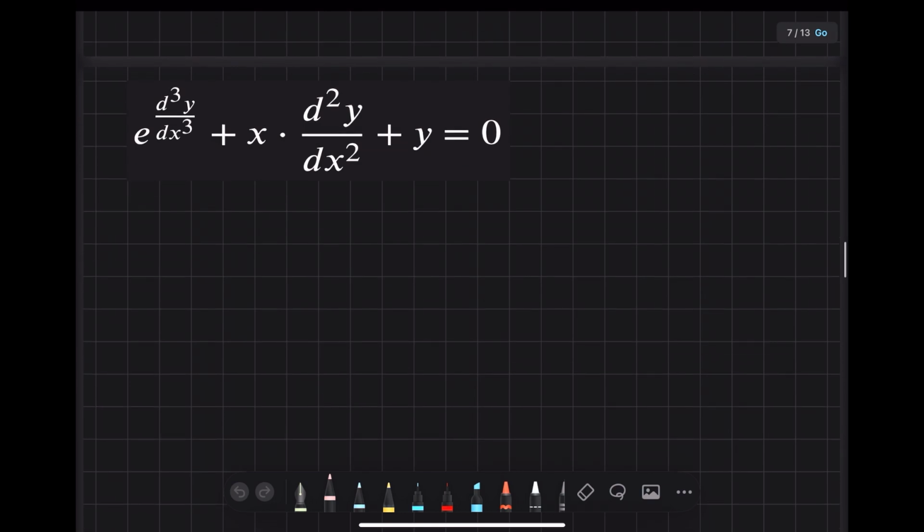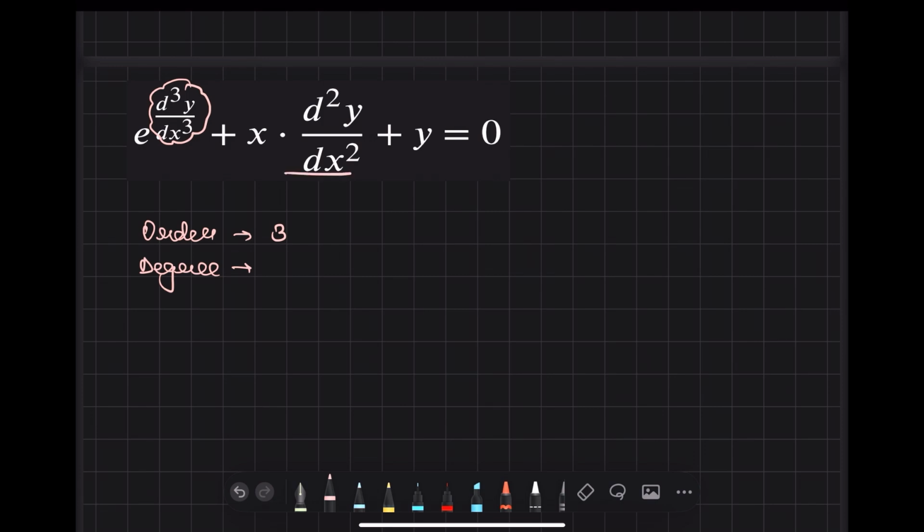Now we have this question. Focus on order, then we have degree. If you focus, the highest number of times you have differentiated is 3 times. So order is 3. But if you talk about degree, you have to convert it into polynomial.